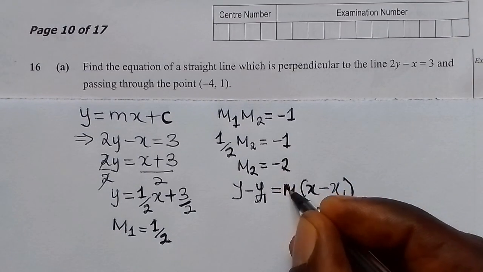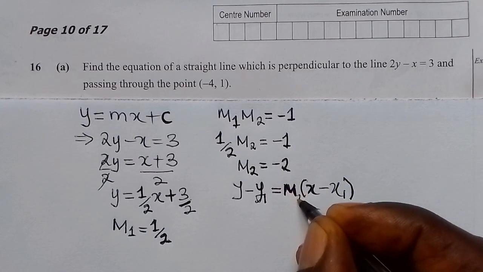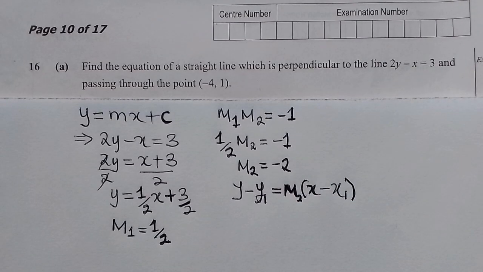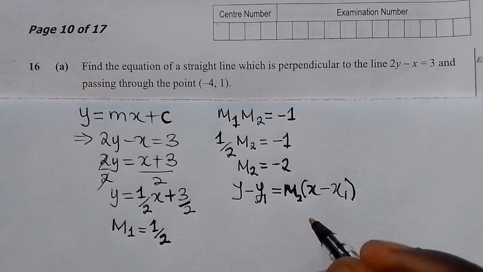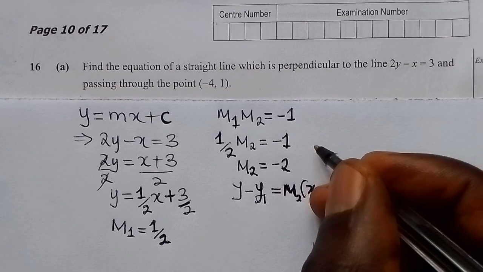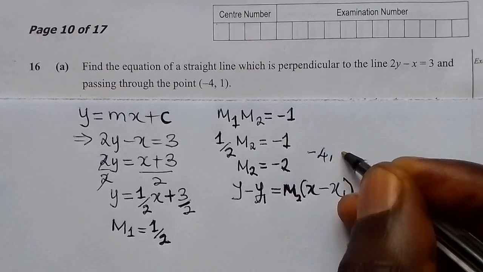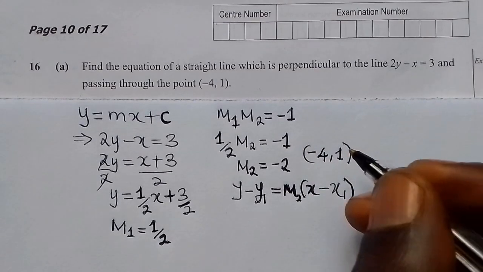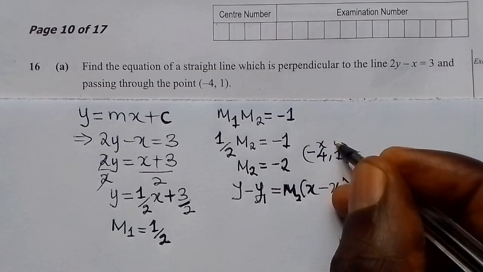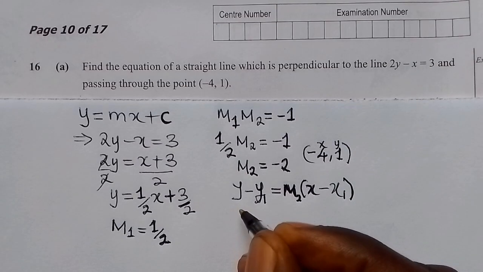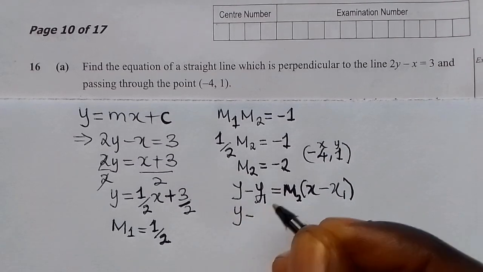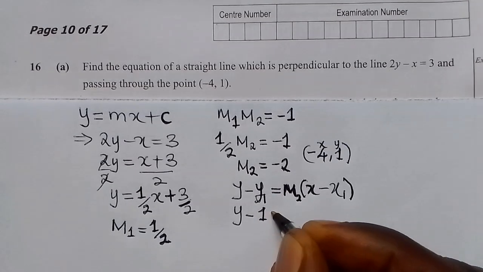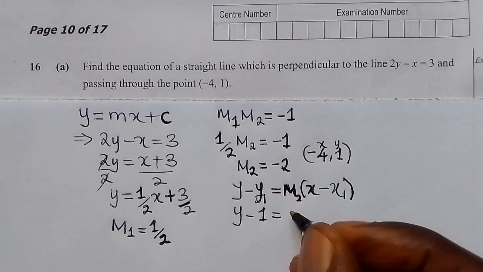This m that is here is m2. So what are we going to get if we substitute? The coordinate is -4, 1. The value of x is this one, the value of y is this one. So we'll substitute like this. y minus 1 is equal to m2. On m2 we'll put -2.